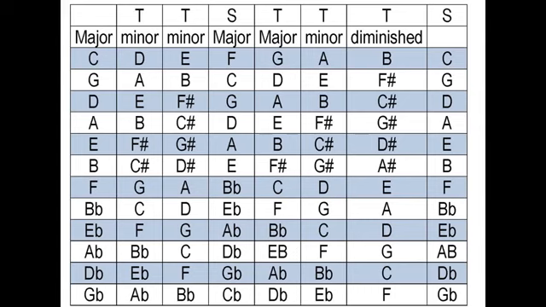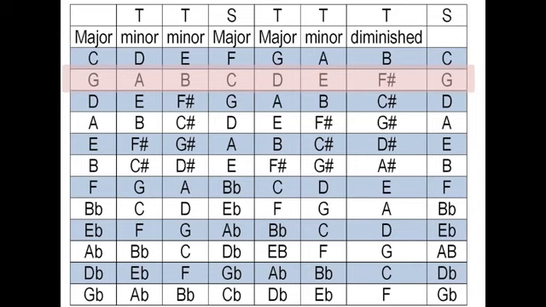So you have major in your first column, you have major in your fourth column, and major in your fifth column. Now scan down those major columns and find out what key has a G, C, and D in it. And as you'll notice, it's the second one. It's the G major scale. So now you know your song's in the key of G, and you also have these other chords that you can actually insert into your song. So an A minor, a B minor, an E minor, and an F sharp diminished.